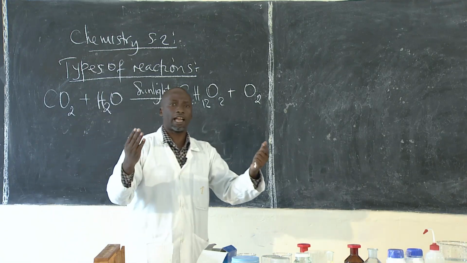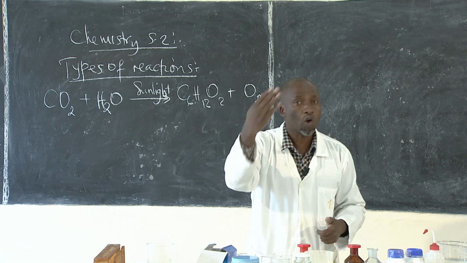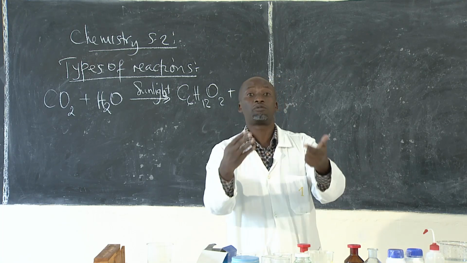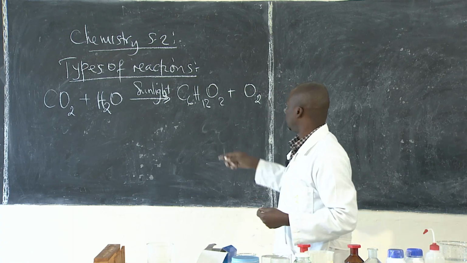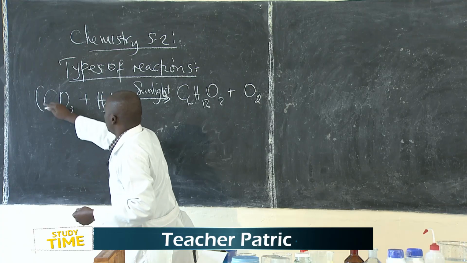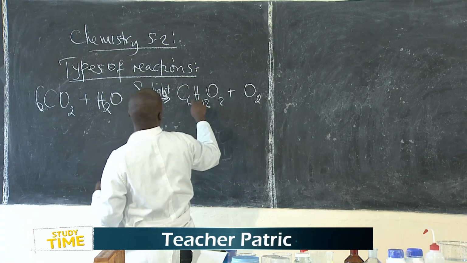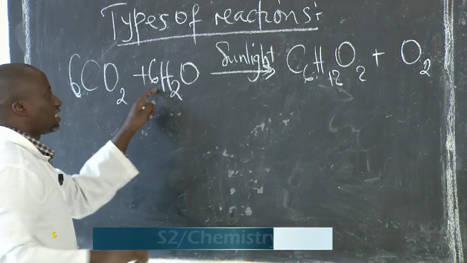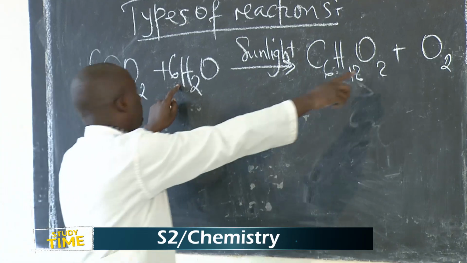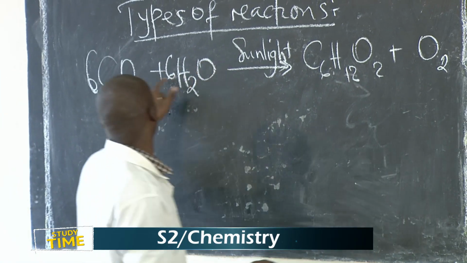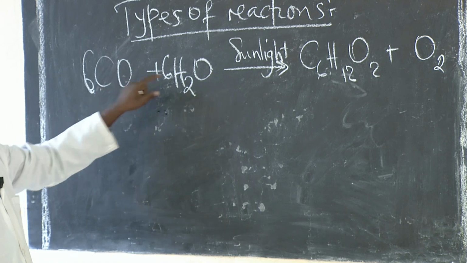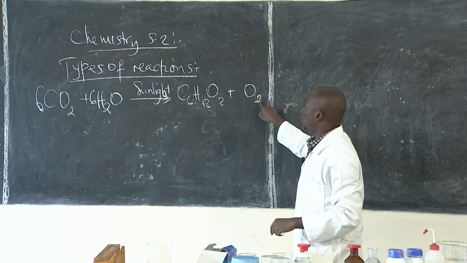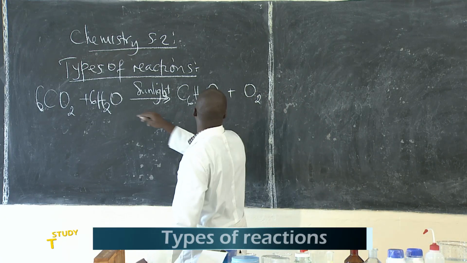So in all the reactions, please, you need to always balance the reactions. So when you write a reaction, you have to make sure the reaction is balanced. So carbon is 6. And then we have hydrogens, they are 12, so they have to balance here, so we need 6 water to make them 12. The oxygens here, we have 6, and then we have 6 and 2, this is 12, so this makes 18. And here we have 2, and here we have 2, so we need to make them 18 as well.